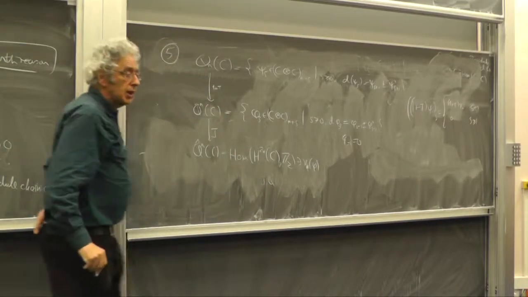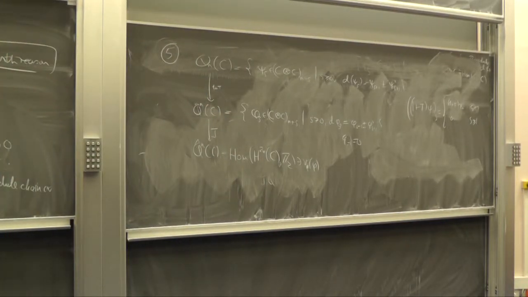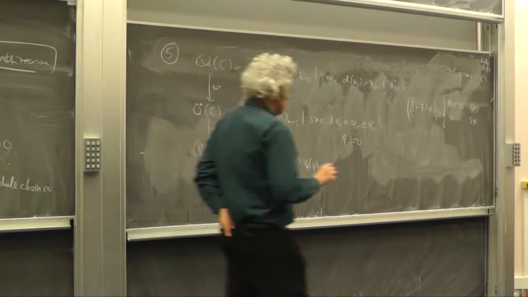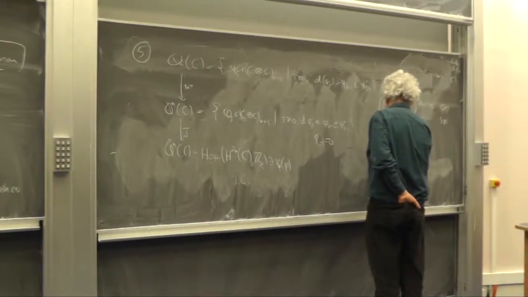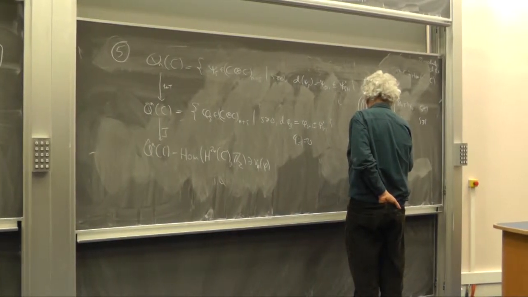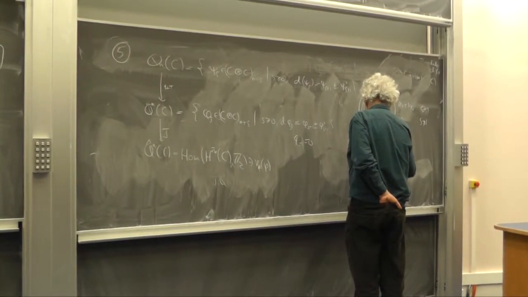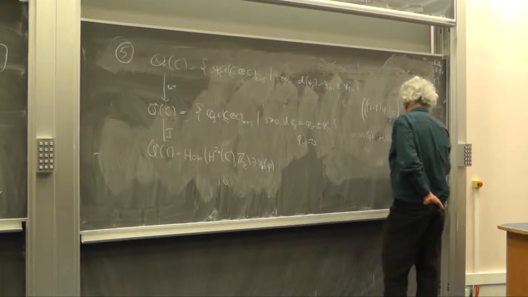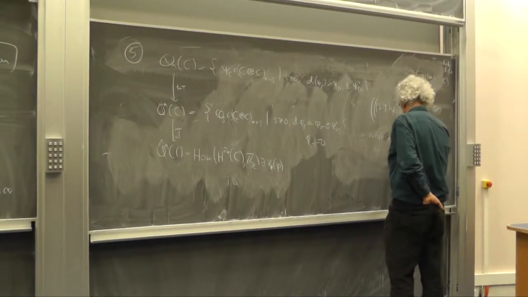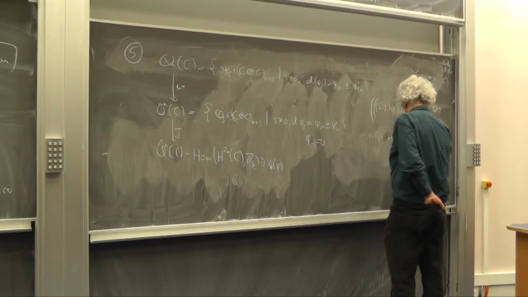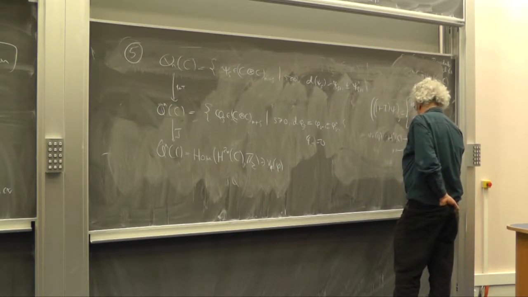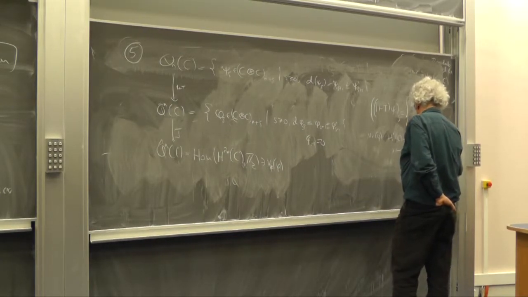So quadratic things are, a chain complex has a quadratic structure when its Wu classes, let me remind you what the Wu classes are. Like that.